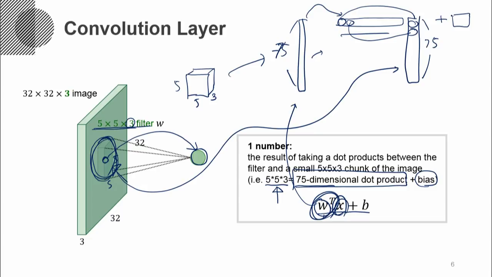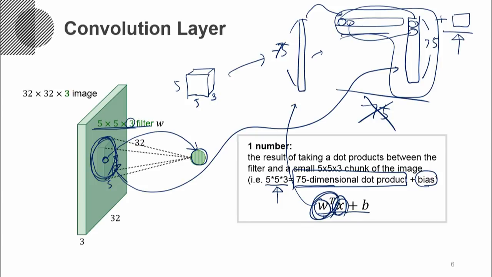In the previous lecture, we performed this element-wise multiplication and then divided it by 75 to compute the average value. But typically in standard convolutional neural networks, we skip this part. So we do not divide by the total number of elements, but instead we consider this bias term.